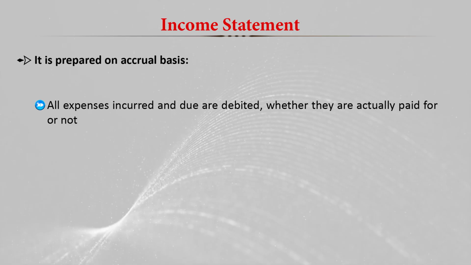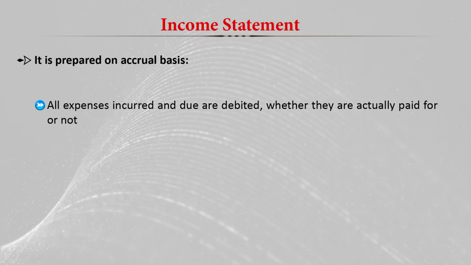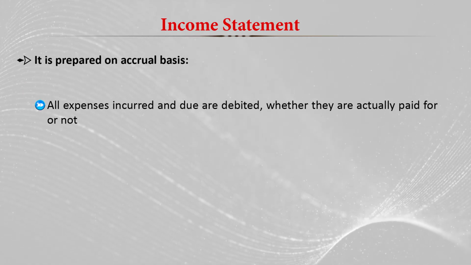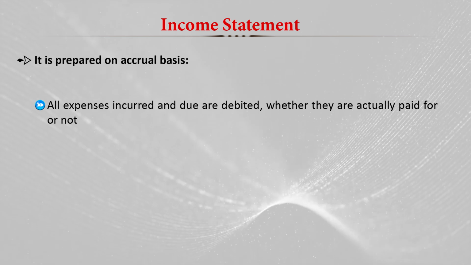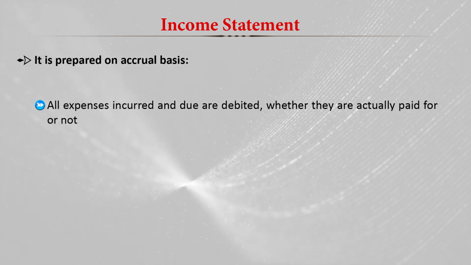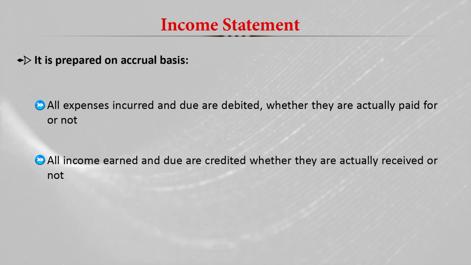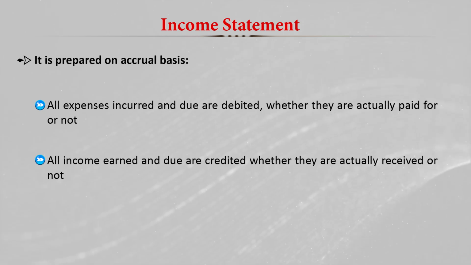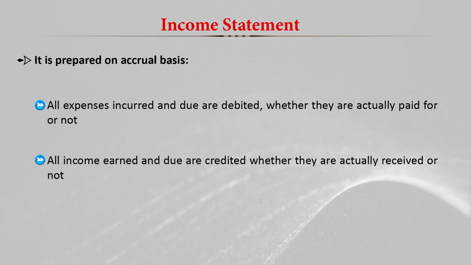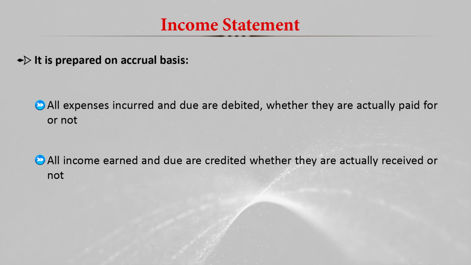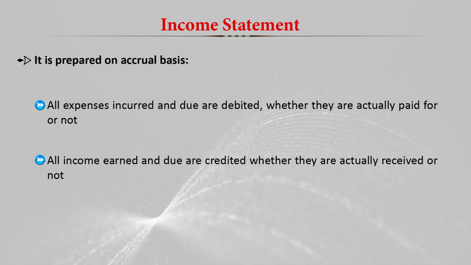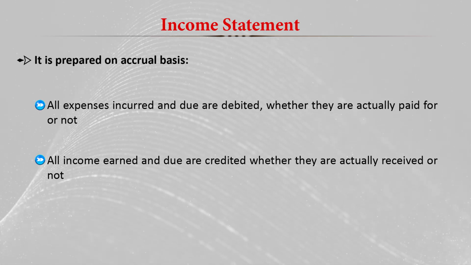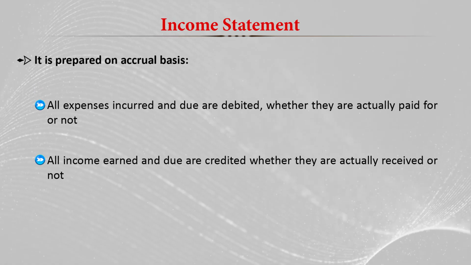Whether we have made the payment or not, whatever expenses we have already incurred in the organization are part of the income statement. Similarly, all the income earned or dues are credited whether they are actually received or not. Whatever income, whatever sale we have made, whether payment for that sale has been received or not, we have to add it to the income of the firm.